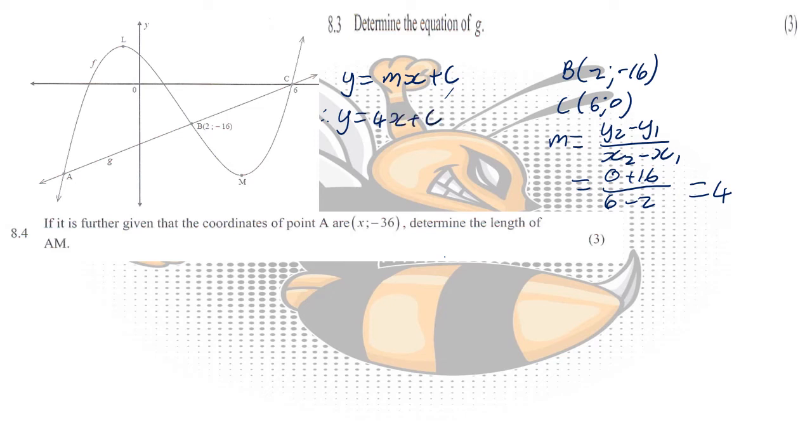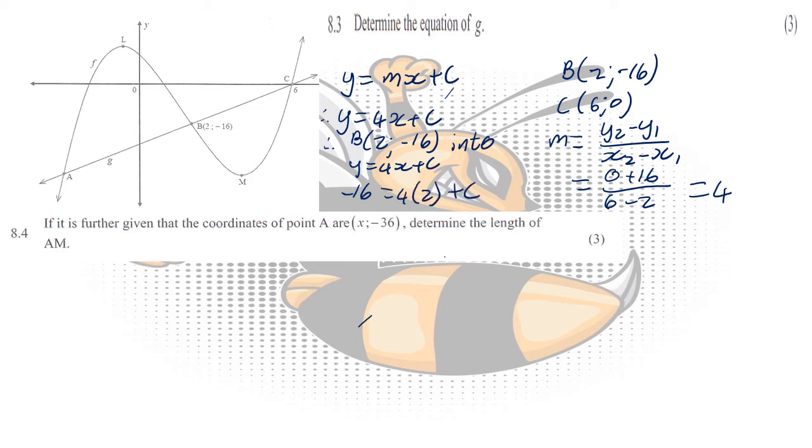Now I find another one of my two points, which can be B or C, and I substitute it into the equation that we have so far. Thus B (2, -16) into y equals 4x plus c, which makes my y value -16 and my x value 2.